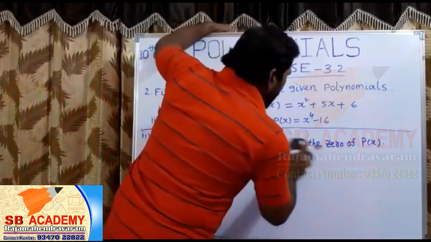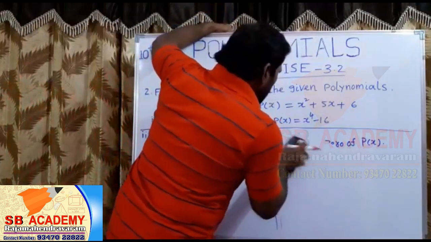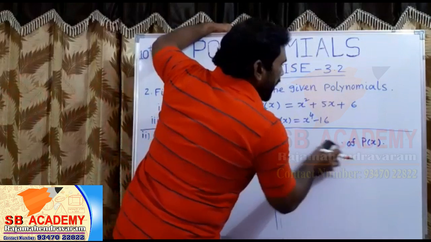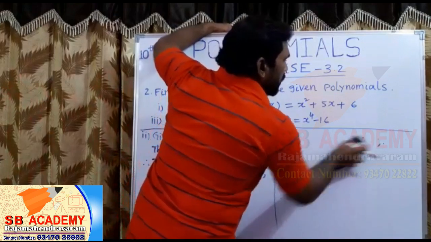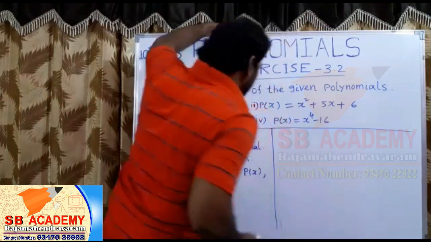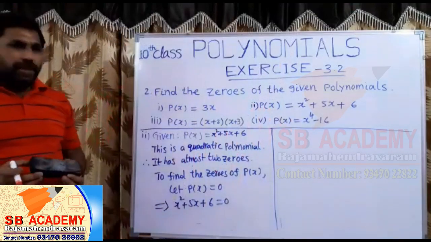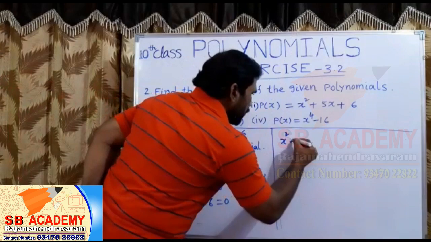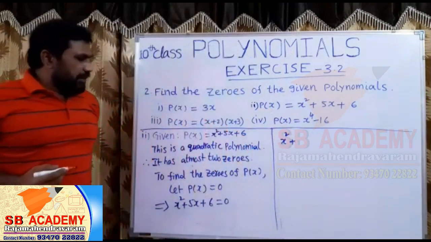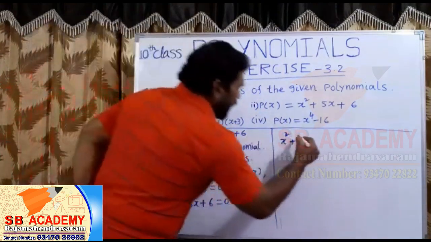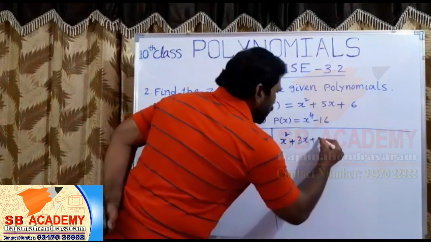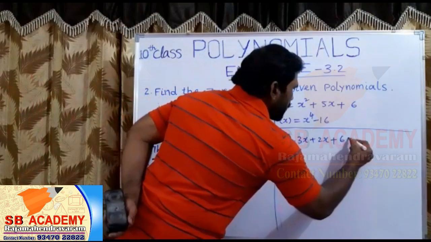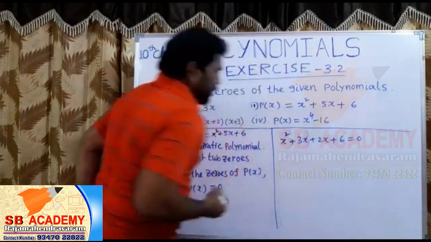Children, already you have learnt about factorization of quadratic expressions. Okay, so what are the factors here? x square, this 5x can be written as 3x plus 2x, plus 6 equal to 0.